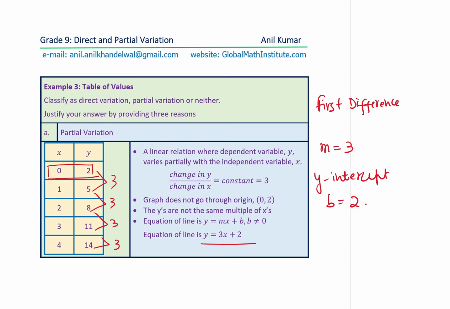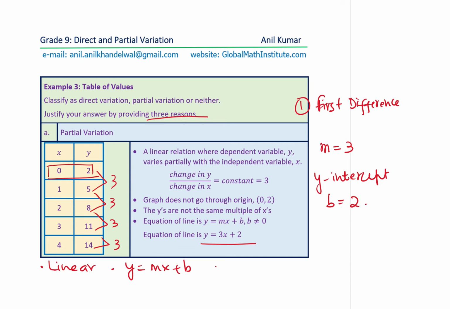Now, in the first example, we were also supposed to provide three reasons. You get the idea? It is your exercise. You should do which are the three reasons. So the first reason here is that the first difference is constant and it is linear. Second is that it could be written in the form of y equals mx plus b.